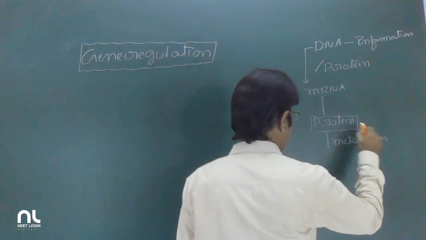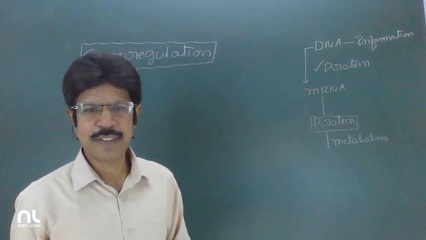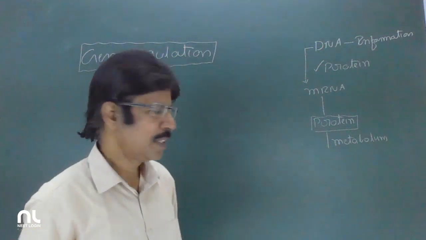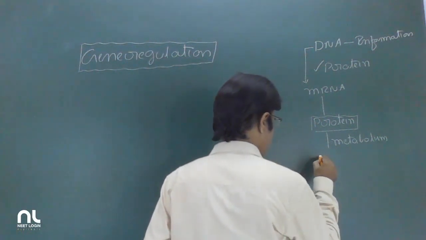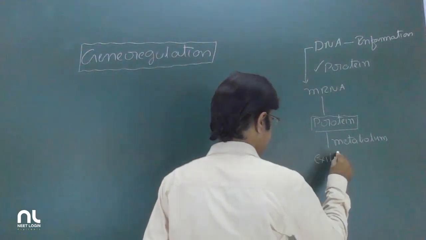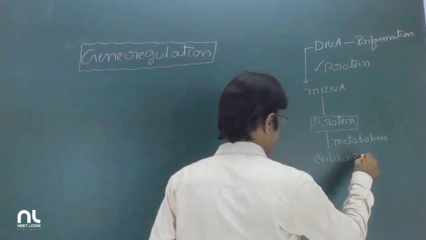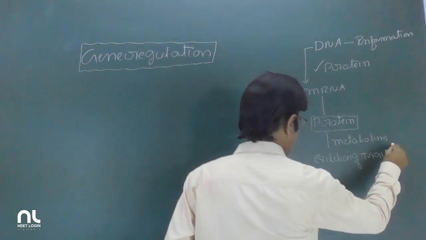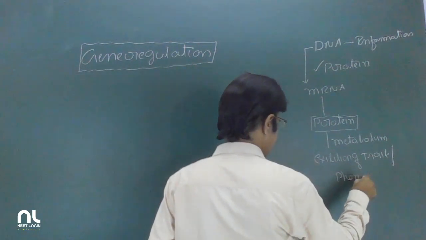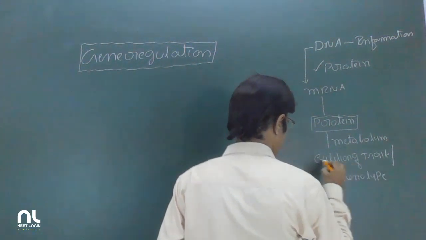So metabolic activities are controlled by protein, so there is exhibition of a trait or phenotype.